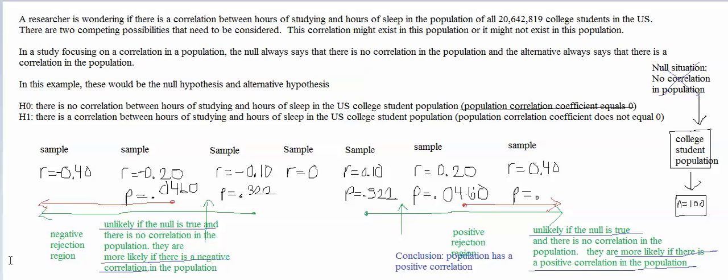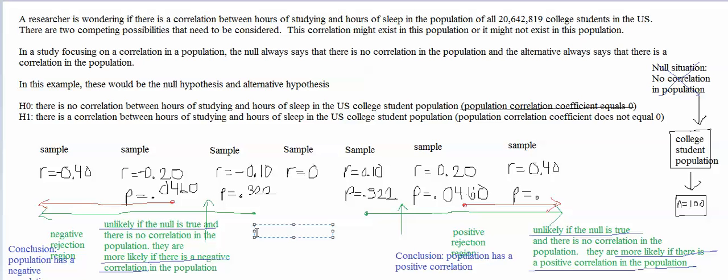In the negative rejection region, you have the opposite. If you reach the negative rejection region, you have the opposite conclusion. Here I said population has a positive correlation. Down here I said population has a negative correlation. Those are the conclusions you make in these two rejection regions.